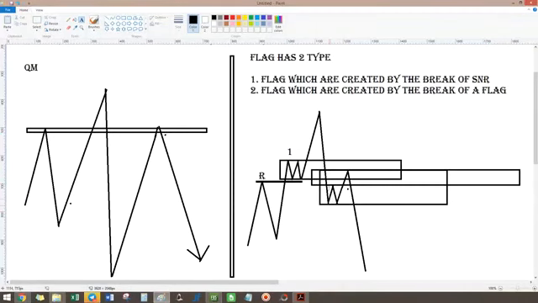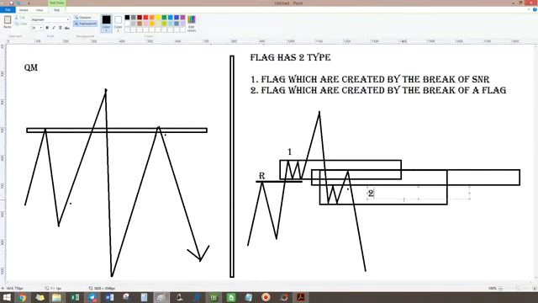It make a flat first engulf, deepest retrace, but it retrace. Okay, there's another rule in, if you ever heard of maximum pain level. Okay, I will explain to you. This is number 2.